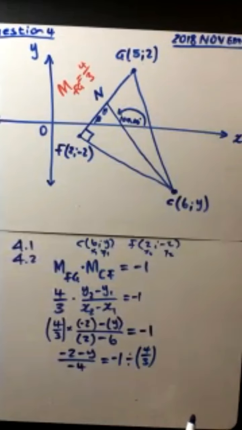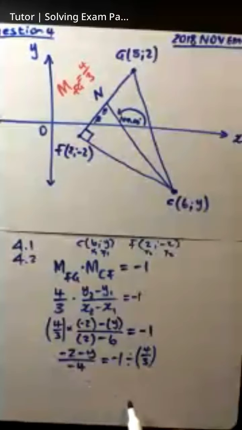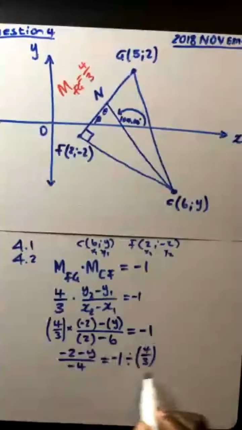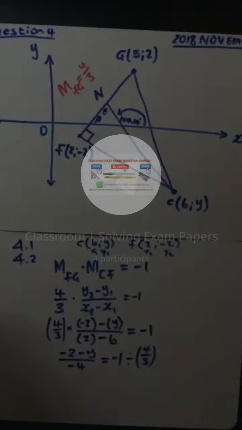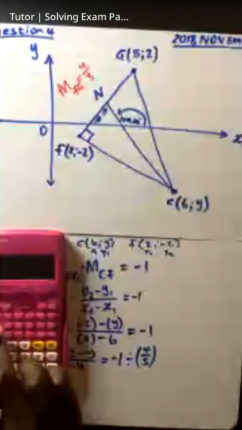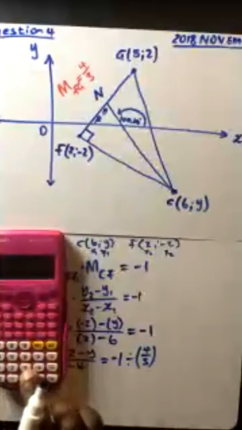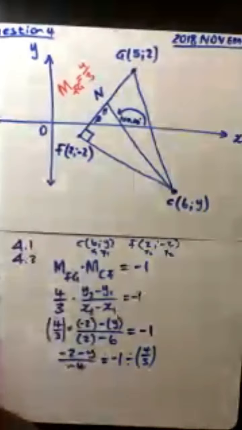So guys, with whatever I'm doing here, just make sure that you understand, because I'm just following mathematical procedure to solve for that value. I can just punch all of this on a calculator. Negative 1 divided by the fraction 4 over 3 is equal to negative 3 over 4.